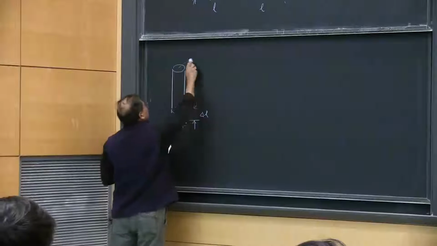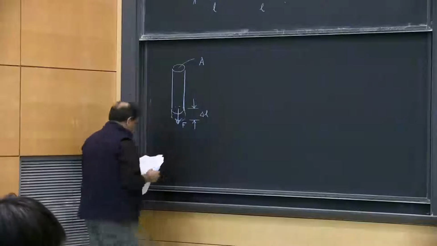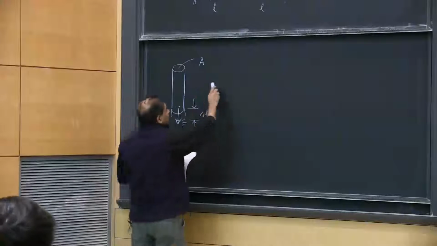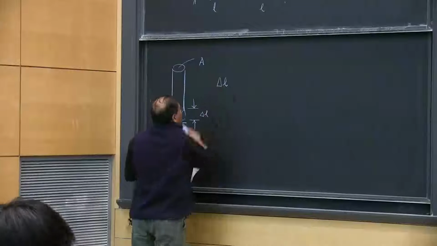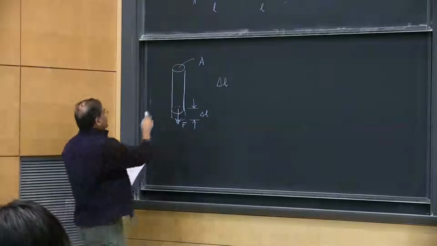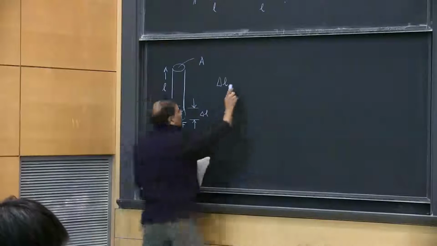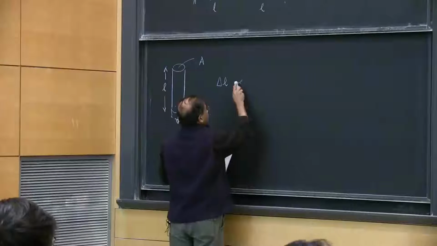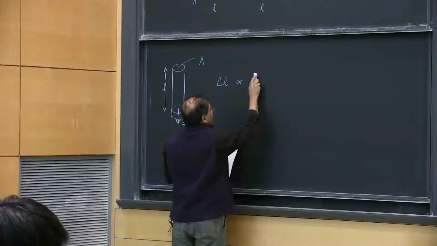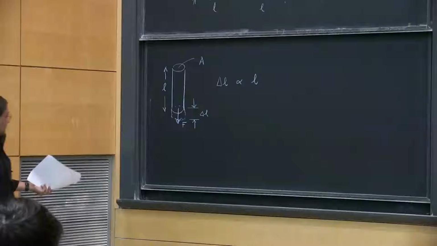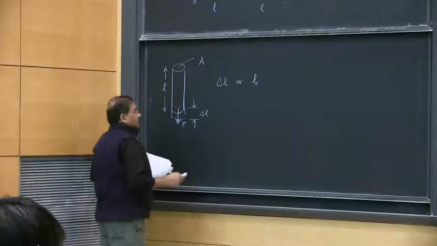And let's say cross-sectional area is A, then everything that I've written over there amounts to saying that delta L, first of all, is proportional to how long this is, right? The longer this is, the more the stretch will be. That makes sense. So it's clearly proportional to L. Also, the stretch will be higher if the force is larger.